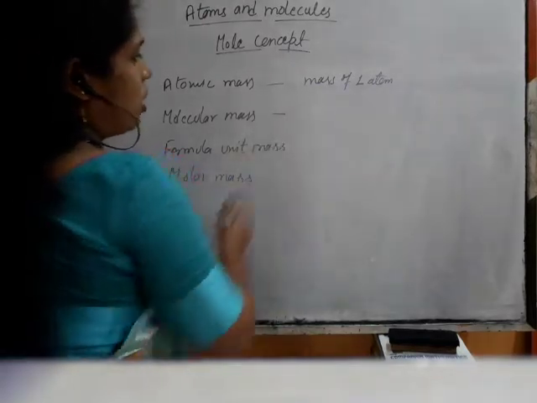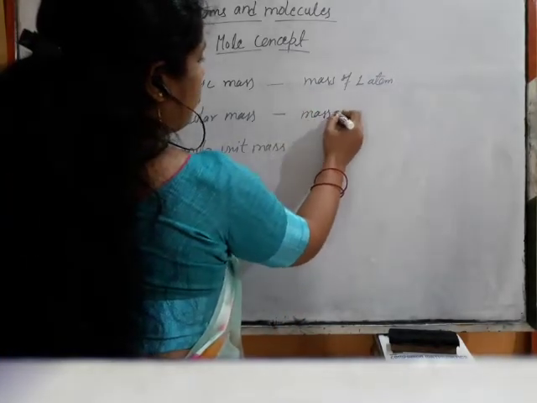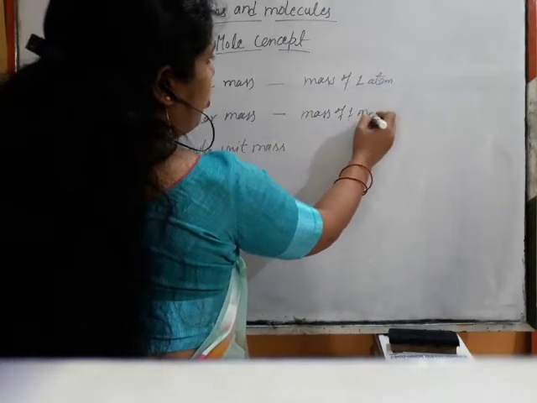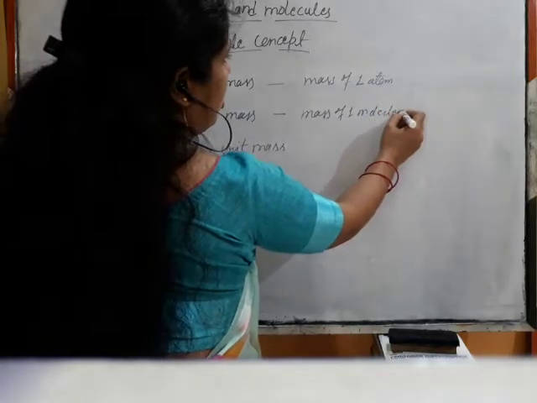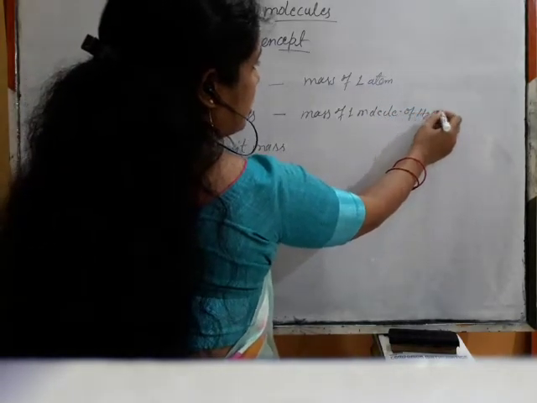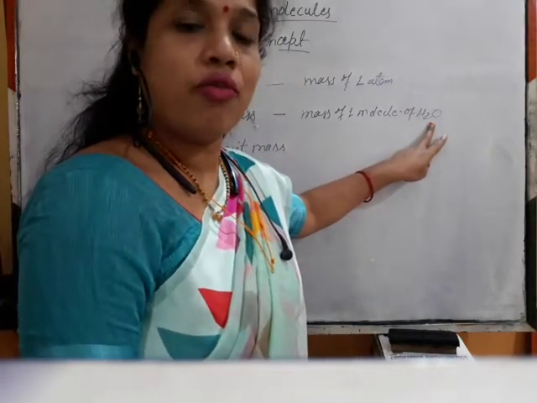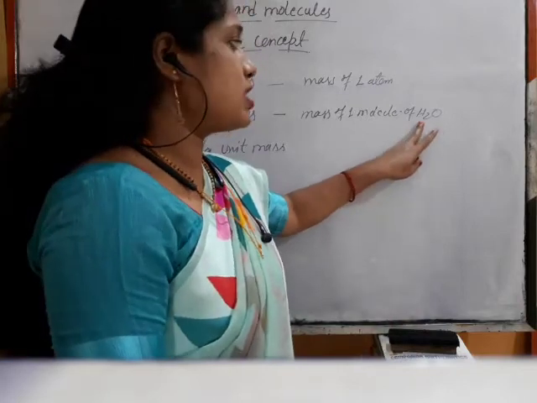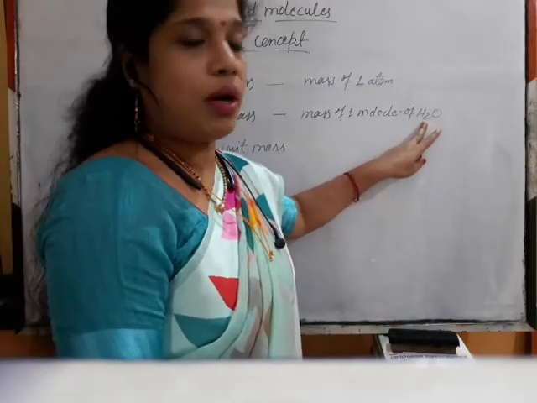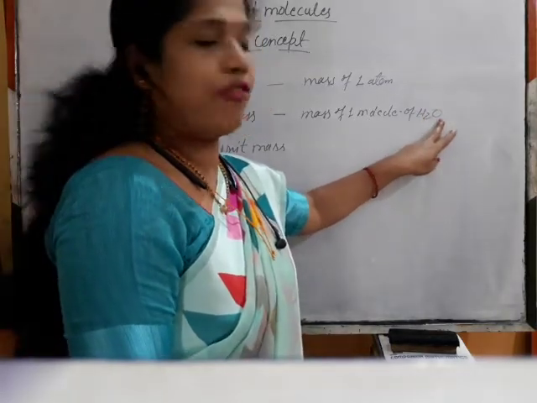So now the molecular mass. Molecular mass is the mass of one molecule. One molecule, suppose of water. The molecular mass of water is the sum of the atomic masses of the atoms of water, that is 2 of hydrogen and 1 of oxygen.